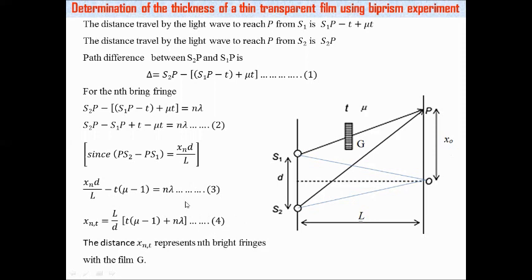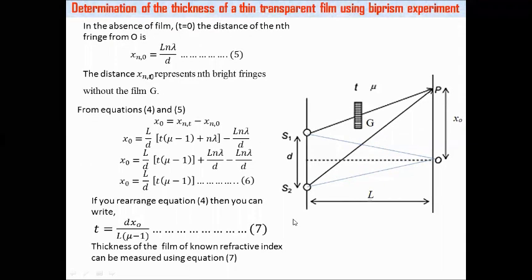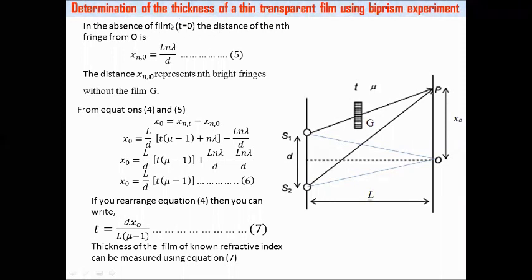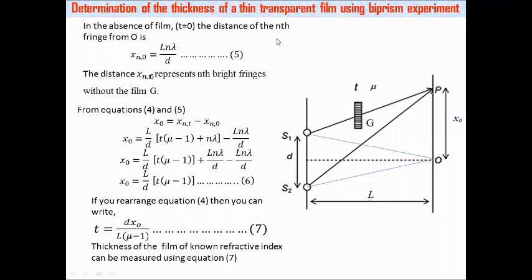If you rearrange equation 3, then you will get equation number 4. In equation 4, the distance x_nt represents the nth bright fringe with the film Z. In the absence of the film, when t equals 0, the distance of the nth fringe from the point O is given by x_n0 equals L n lambda divided by d.